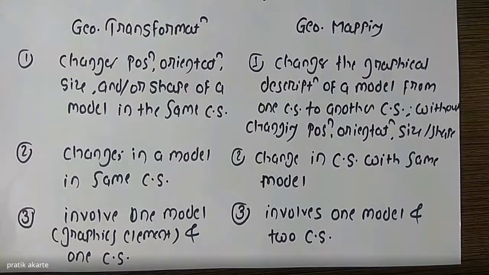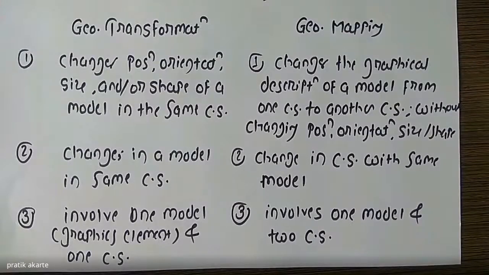Second, the change in the model is in the same coordinate system in transformation, while in mapping the change is in the coordinate system with the same model, exactly opposite. Third, transformation has one graphic element and one coordinate system, while mapping has one model and two coordinate systems.